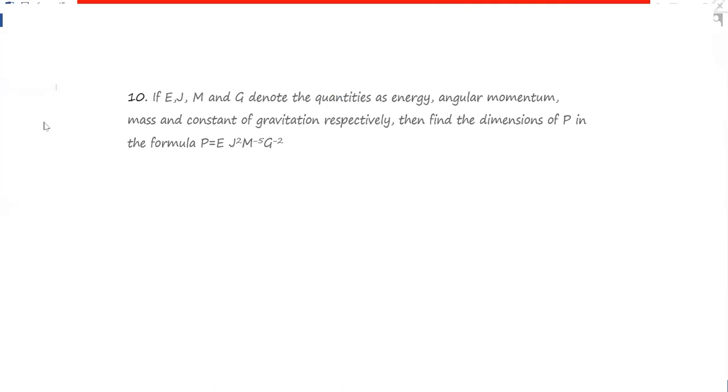it is given that E, J, M and G denote the quantities: E is energy. Clear, right? E equal to energy. And J, angular momentum.